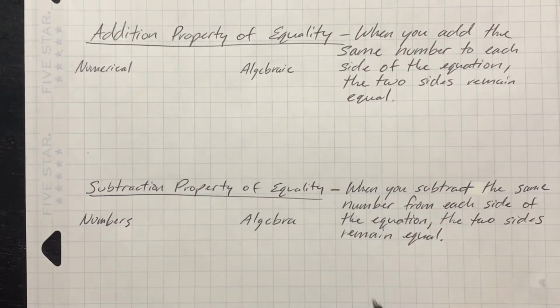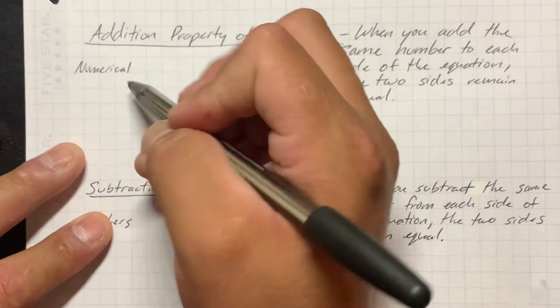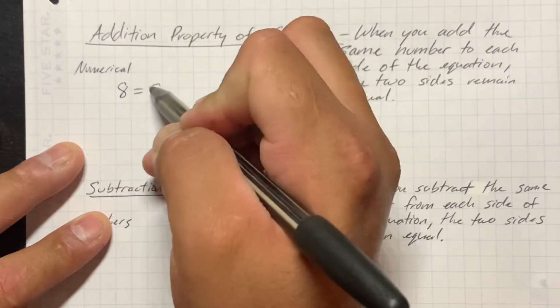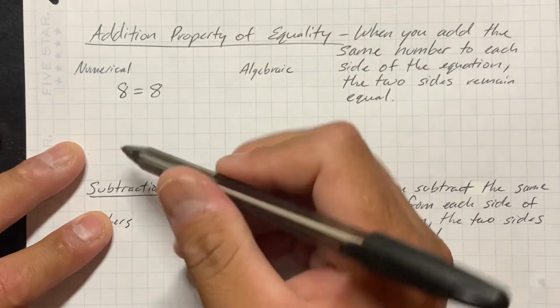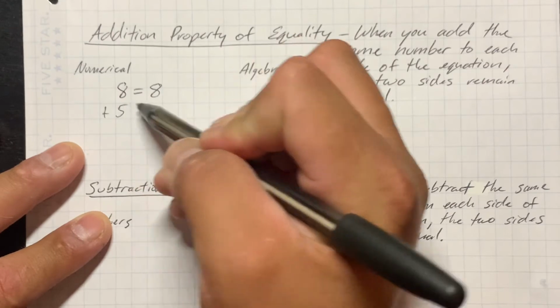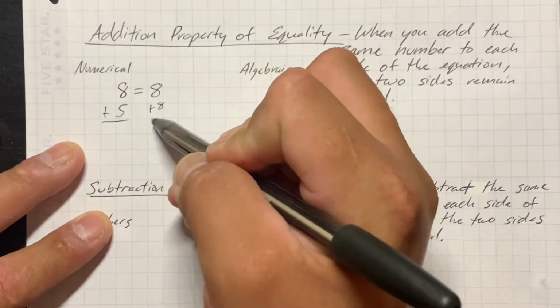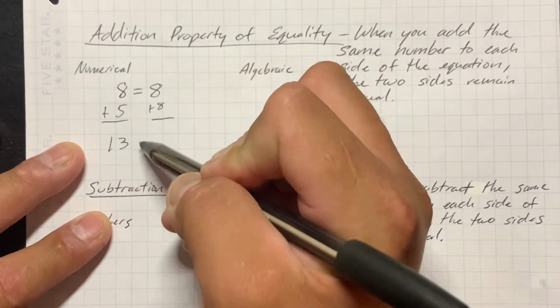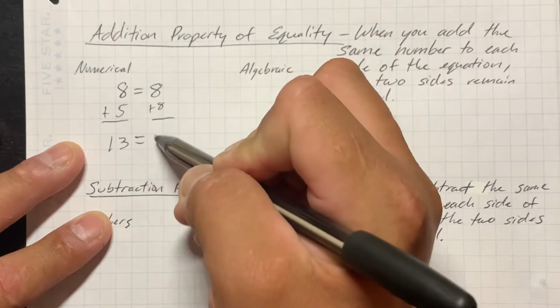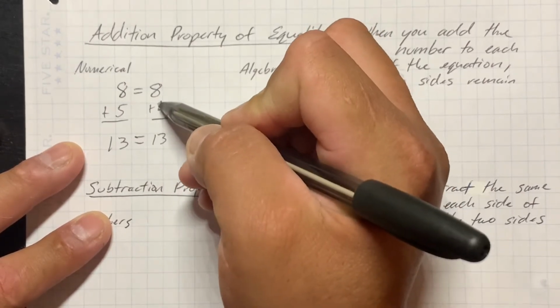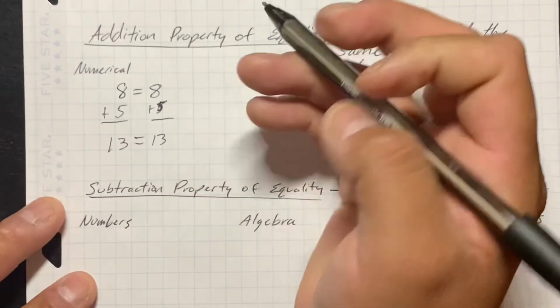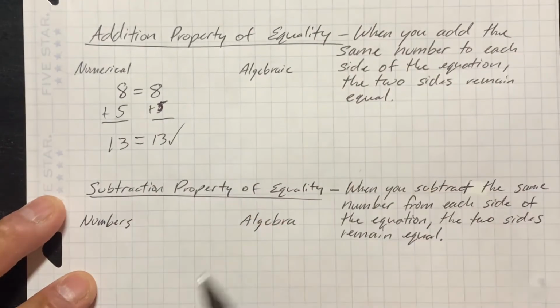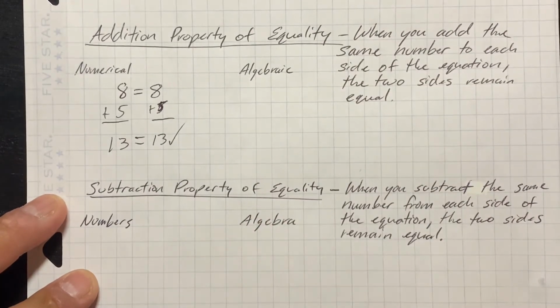So numerically, if we have 8 here, 8 should still equal 8. Okay. Now if we add 5 on both sides of the equation, 8 plus 5 equals 13, and 8 plus 5 equals 13. So they're both equivalent. Okay, so that would make that statement true.